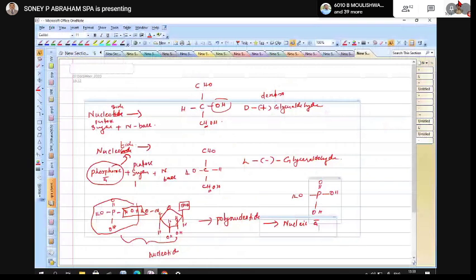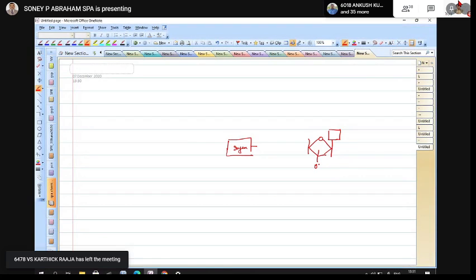You will have a sugar base, and in this sugar, I will represent sugar like this only. In this first position, you have a nitrogen base. Here you are having an OH group. Here also you are having OH group or hydrogen is present.